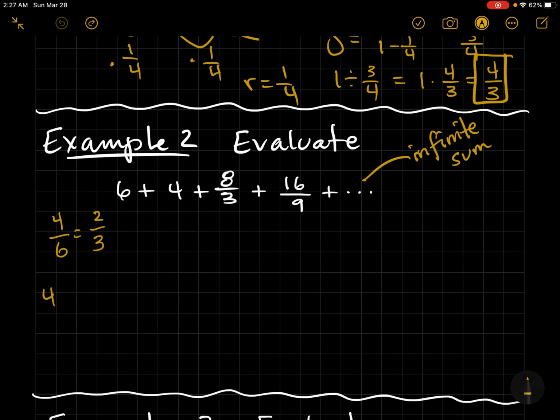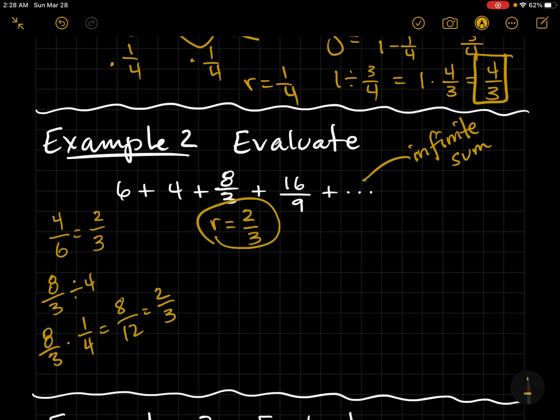Now I want to do 8/3 divided by 4, which is 8/3 times 1/4, which is 8/12, which reduces to 2/3. So I'm going to tell you that the ratio is indeed 2/3, which satisfies our condition of being less than 1.